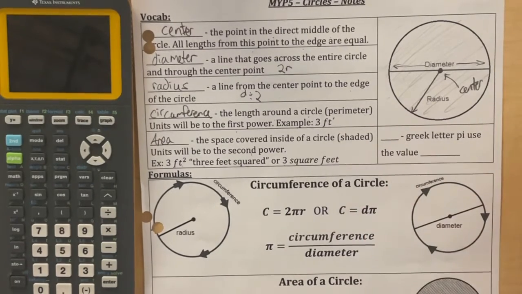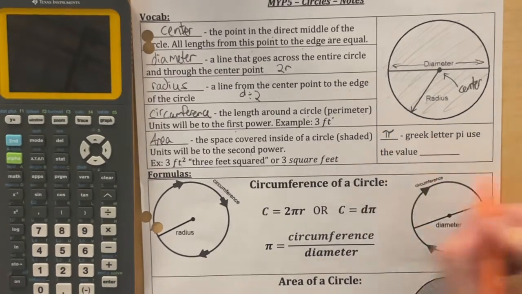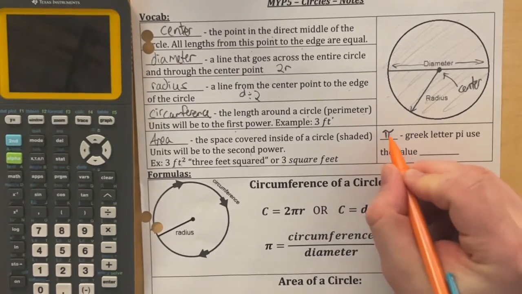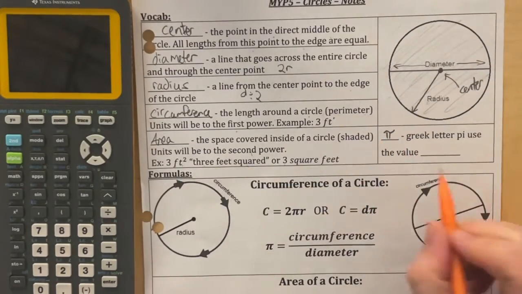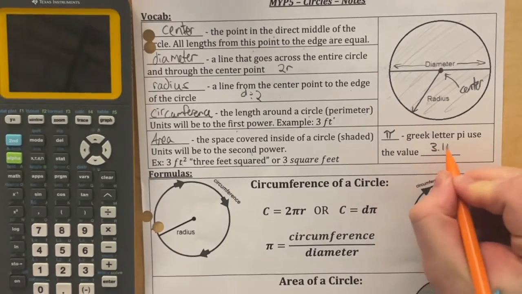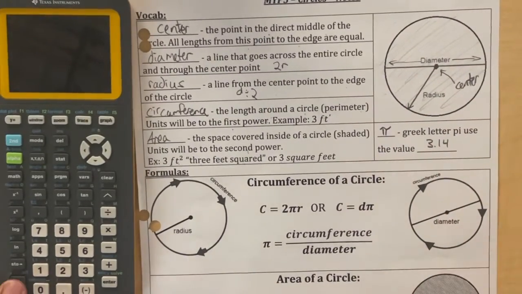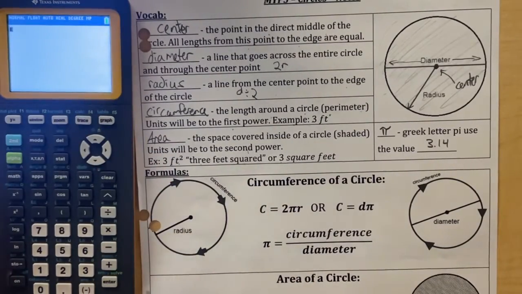Also, make sure you can say, all right, pi is going to look something like that. I usually do 2 lines and 1 squiggly to connect it, almost like a wavy table. It's the Greek letter pi, and we use the value 3.14. If you wanted to see it on the calculator, you'd hit that second button, and then right above the division sign, notice how it has pi in blue.